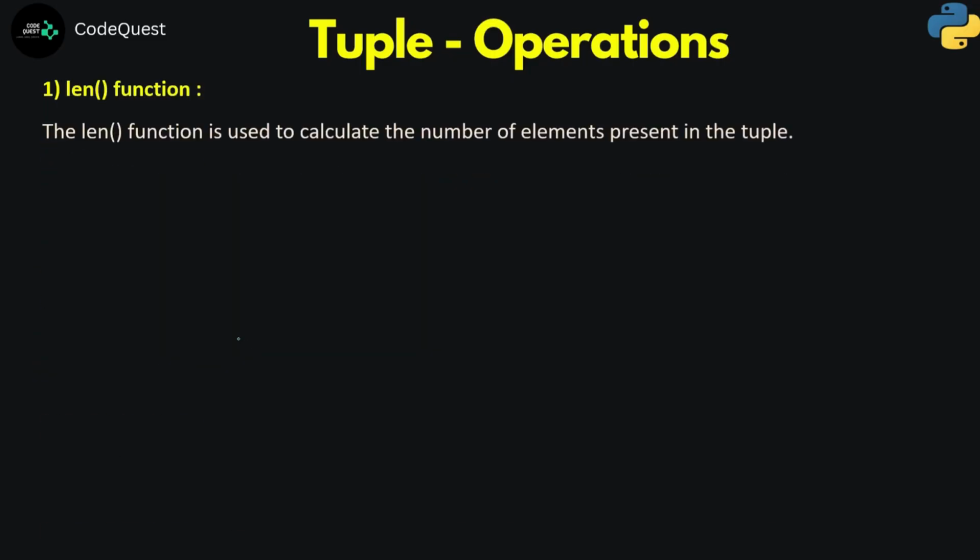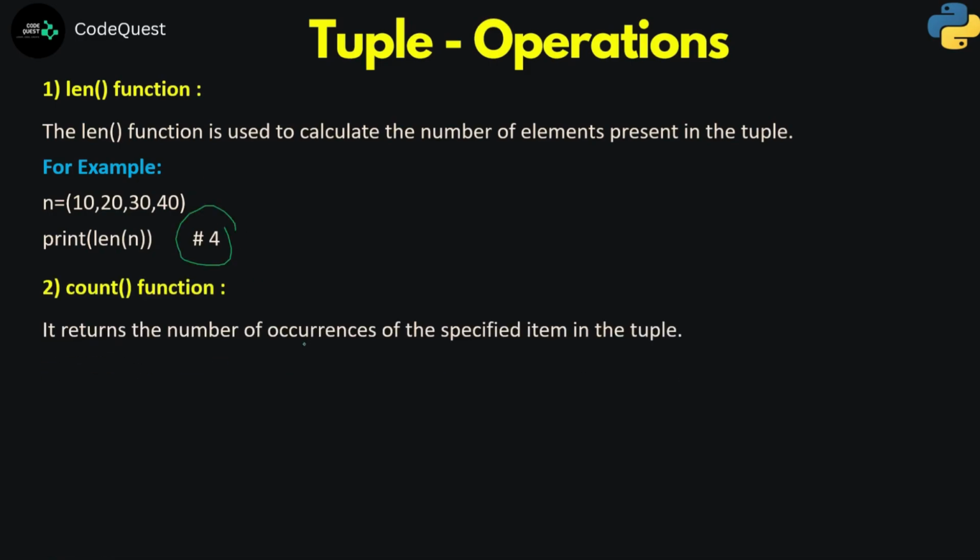When it comes to the len function, as the name indicates, this function is used to calculate the total number of elements present in the tuple. Let's say we have taken a tuple n holding this set of elements. When I apply len of n, it is going to find out how many elements are present, which is 4 here.